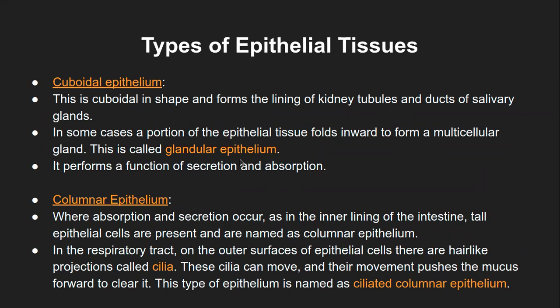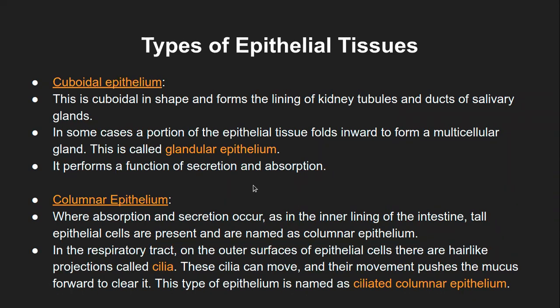So glandular epithelium is actually a part of cuboidal epithelium itself, just specialized to do some secretory function. So wherever you have secretory cells, they have this cuboidal type of epithelium.